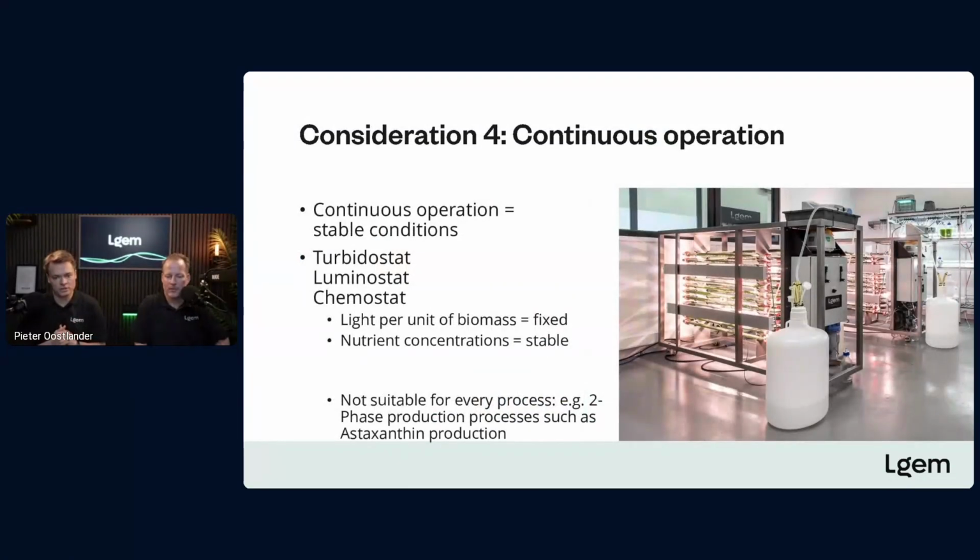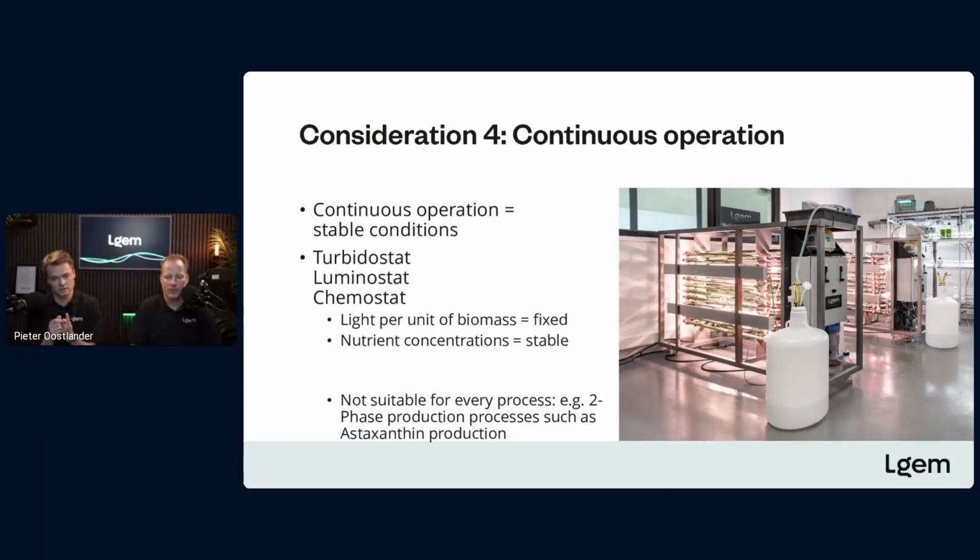Continuous operation aims at keeping the conditions for growth stable. For photobioreactor operations, there are a few versions based on the method of control. Those are turbidostat, luminostat, or chemostat. Those are the main ones I want to touch upon right now. In turbidostat, we typically aim to keep the biomass concentration stable in the system.